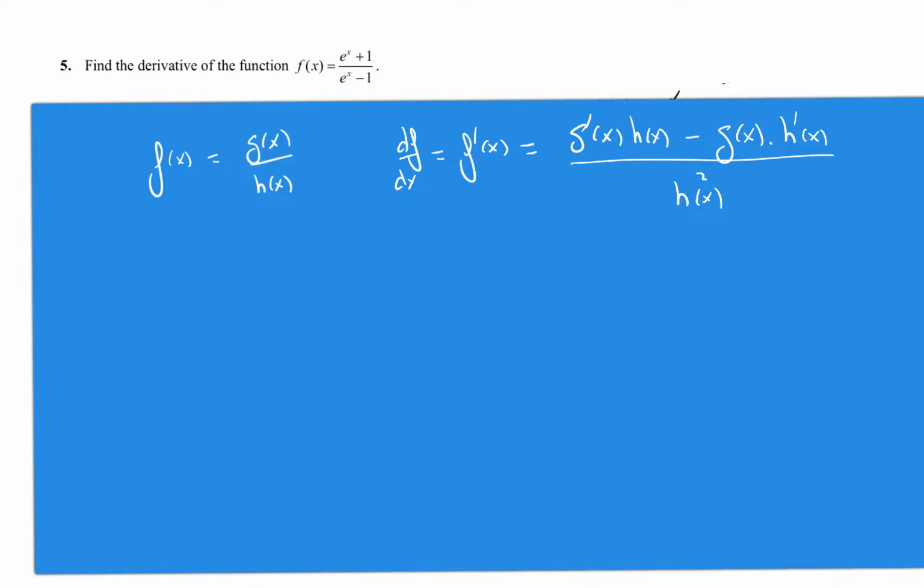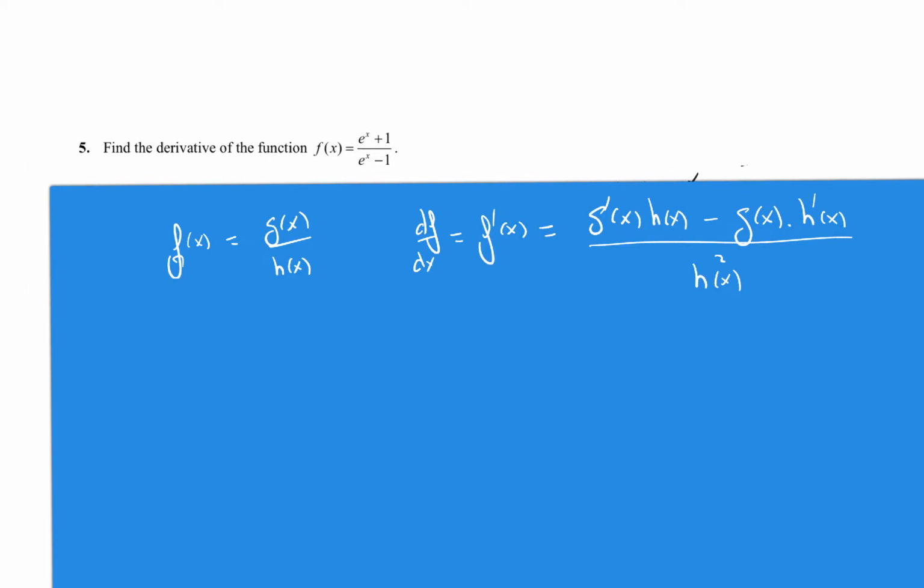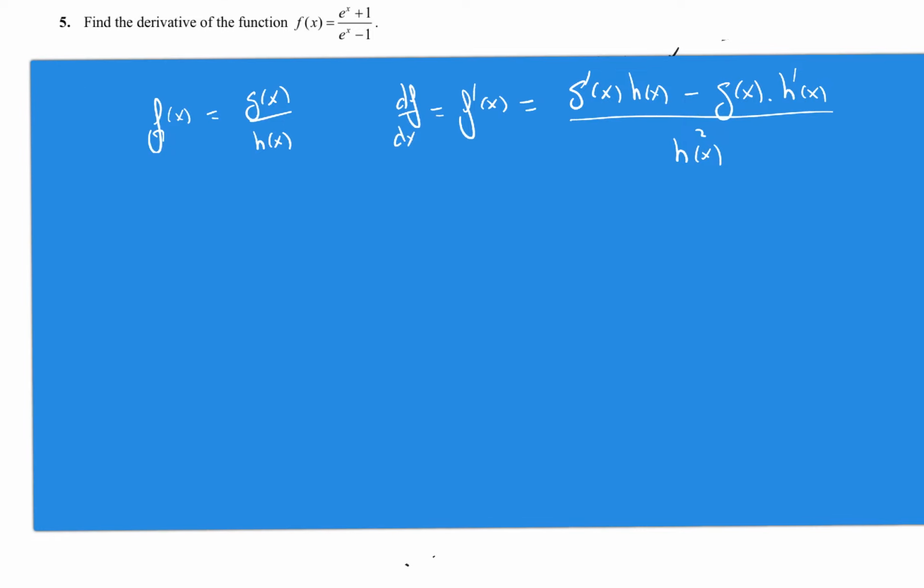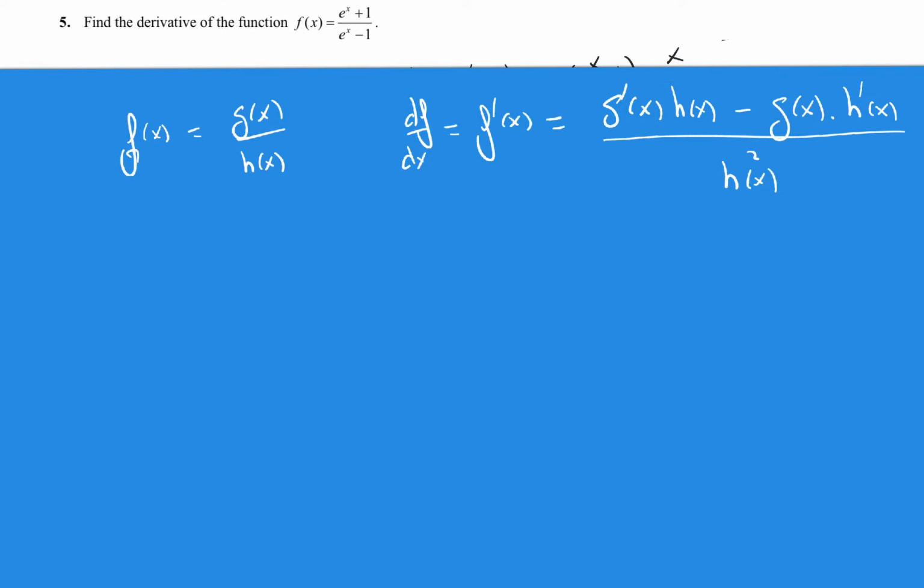Okay, in this case, g of x is the numerator. What is the numerator? g of x is e to the x plus 1. And the denominator is h of x, which is e to the x minus 1.